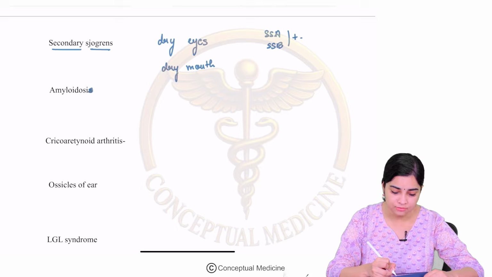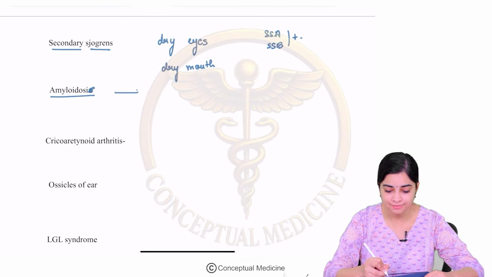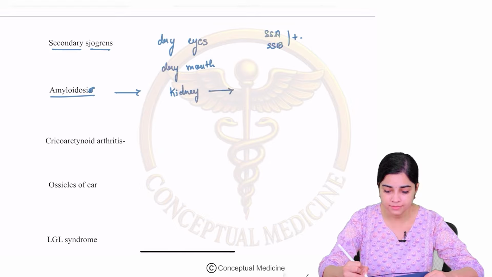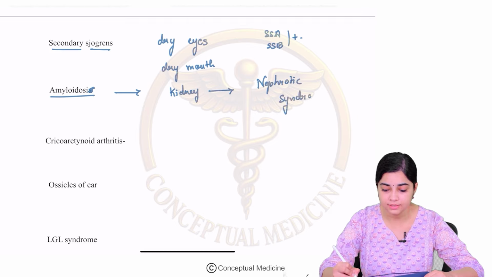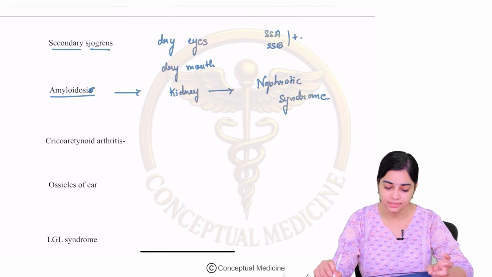Then, RA over a long time predisposes to secondary amyloidosis. These amyloid deposits are especially found in the kidney and they can present with nephrotic range proteinuria. So they can present with amyloidosis and a secondary nephrotic syndrome. This amyloidosis predominantly affects the kidney.